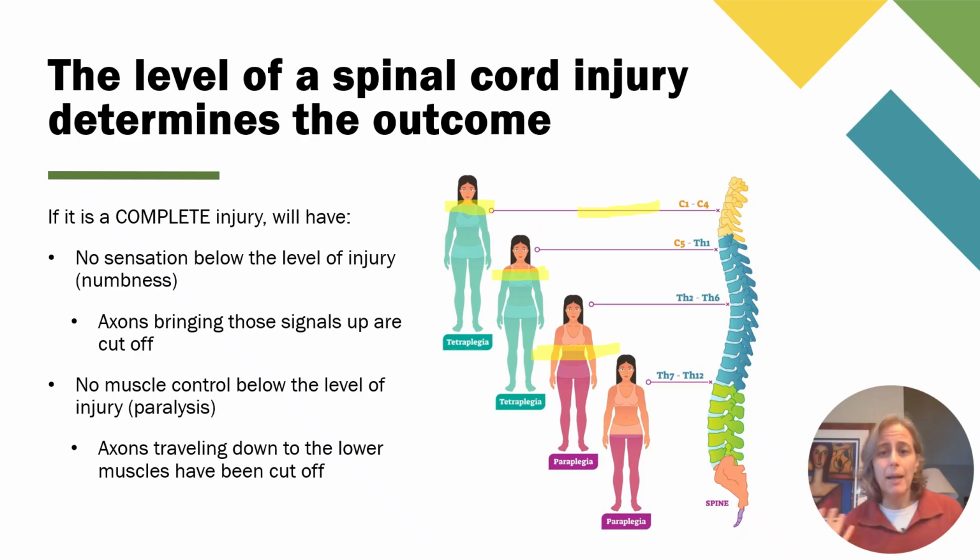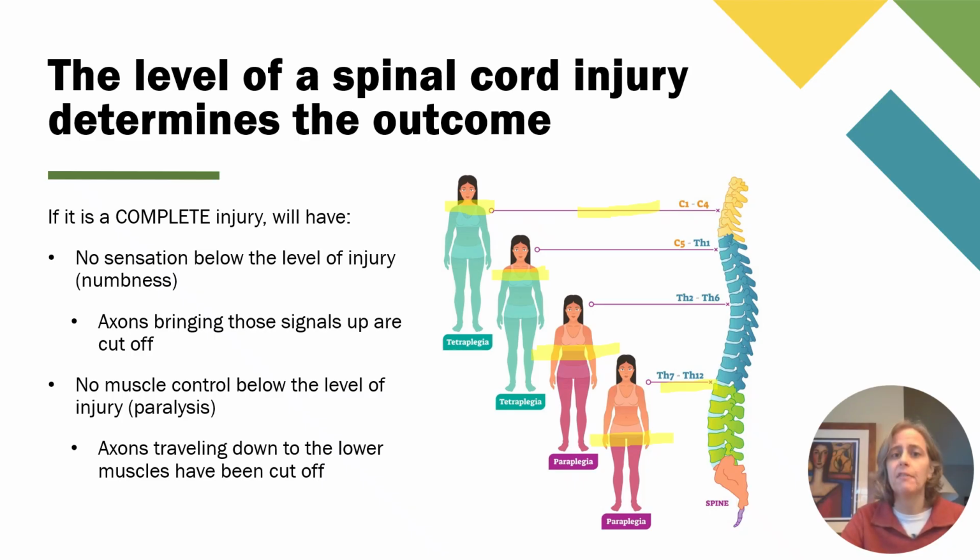So that's referred to as paraplegia, meaning two, whereas quadriplegia or tetraplegia means all four extremities are paralyzed. And then here's someone with a level even a little bit lower, but it's still getting both of the lower extremities there. So that is why the level is so important if we're talking about a spinal cord injury.